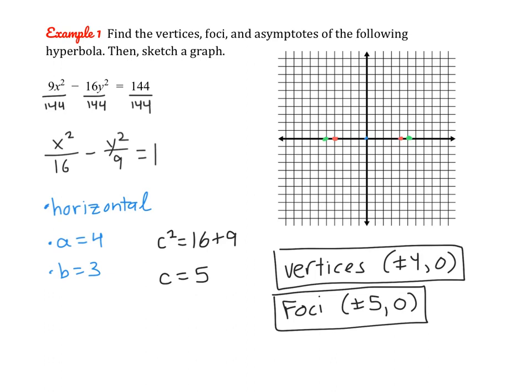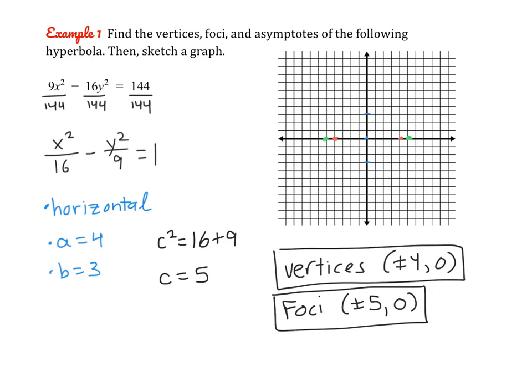And now, before we can actually draw in our hyperbolas, we need to know how narrow or how wide they'll be, so we're going to need to find our asymptotes. To help us do that, we can use our b value. Remember, if you start at the center and you go your b value up and down, so I go 3 units up and 3 units down, that's going to be the top and the bottom of our asymptote rectangle.